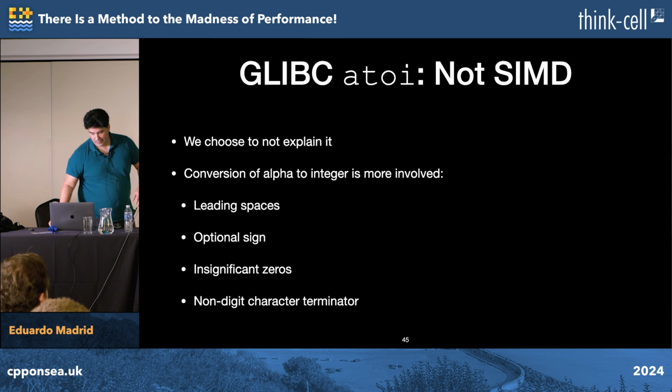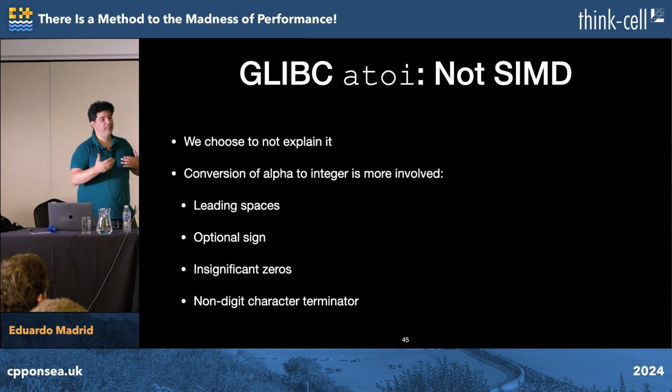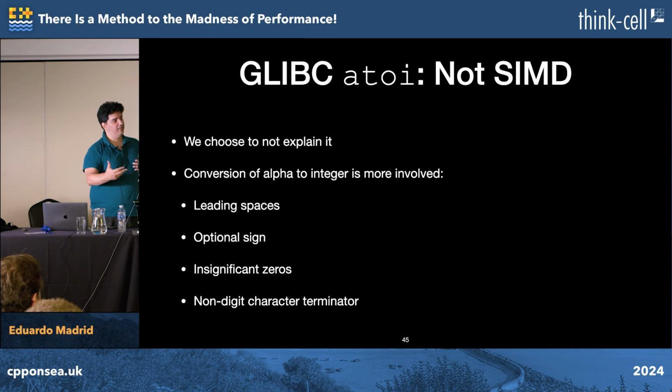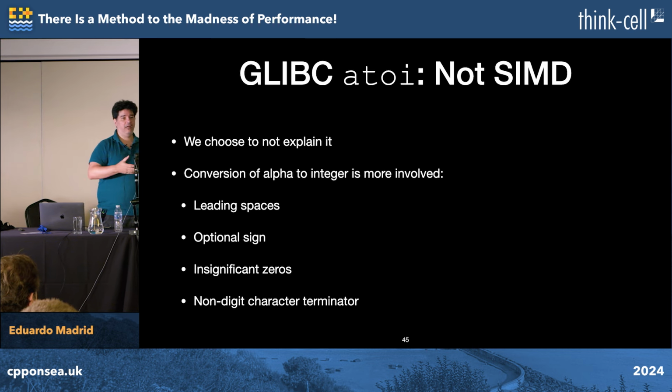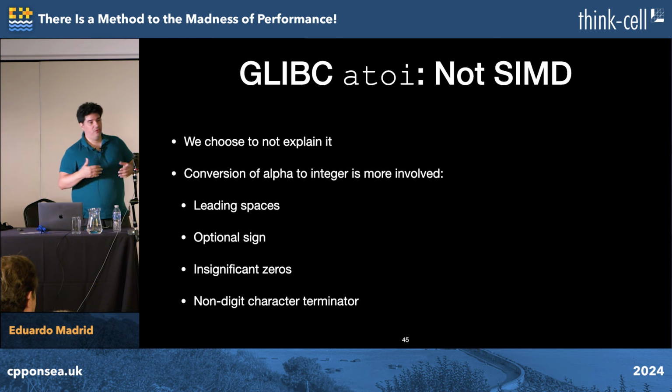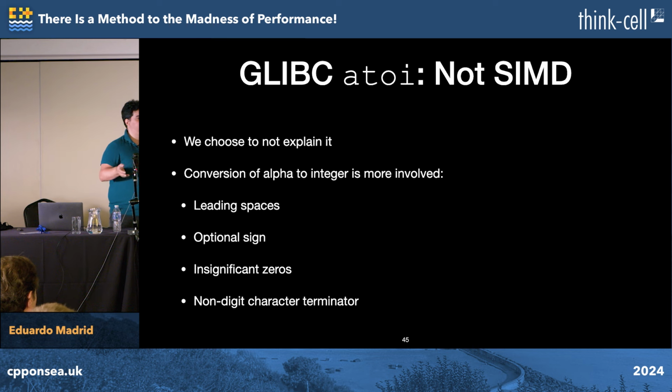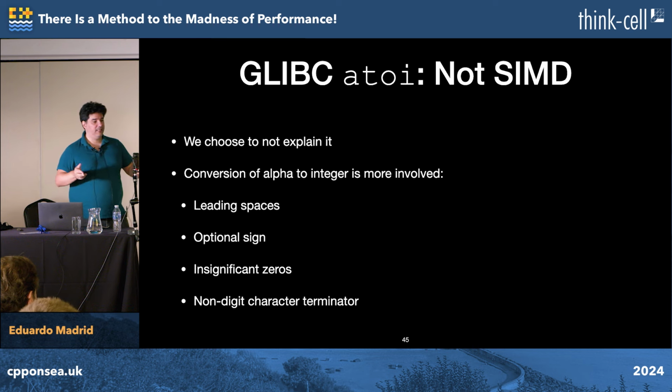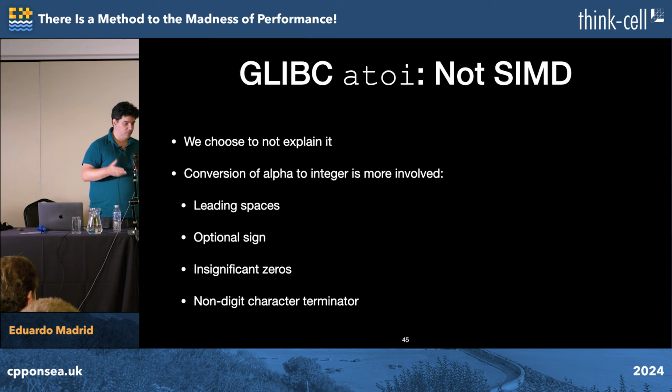So now we're going to shift gears into something far more complicated, which is to compare the GLIBC implementations of ASCII to integer to our implementation. You can go and of course see the sources for A2I online and try to understand them yourselves.